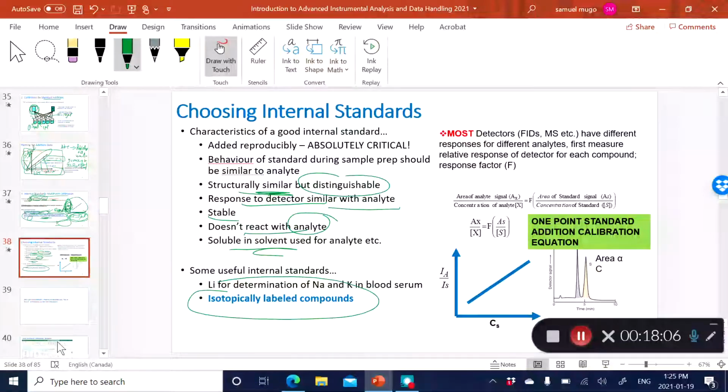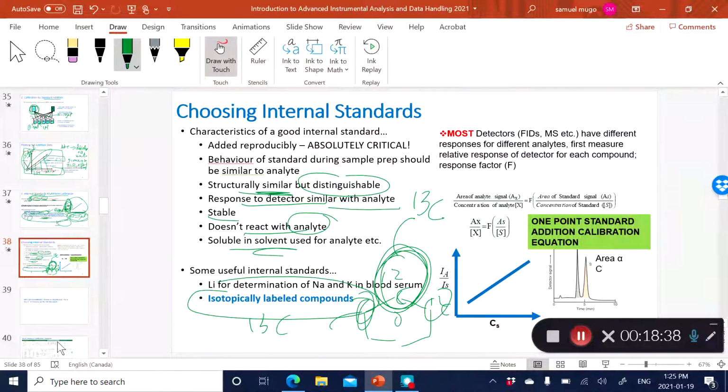Isotopic labels really mean, if I've got, say, a benzene compound, with carbon 12, carbon 12 and so on, I enrich some of these carbon atoms and replace them with carbon 13. So maybe I would take these three and enrich them to create carbon 13. And so in the end, I'm going to have a heavy benzene, all right?